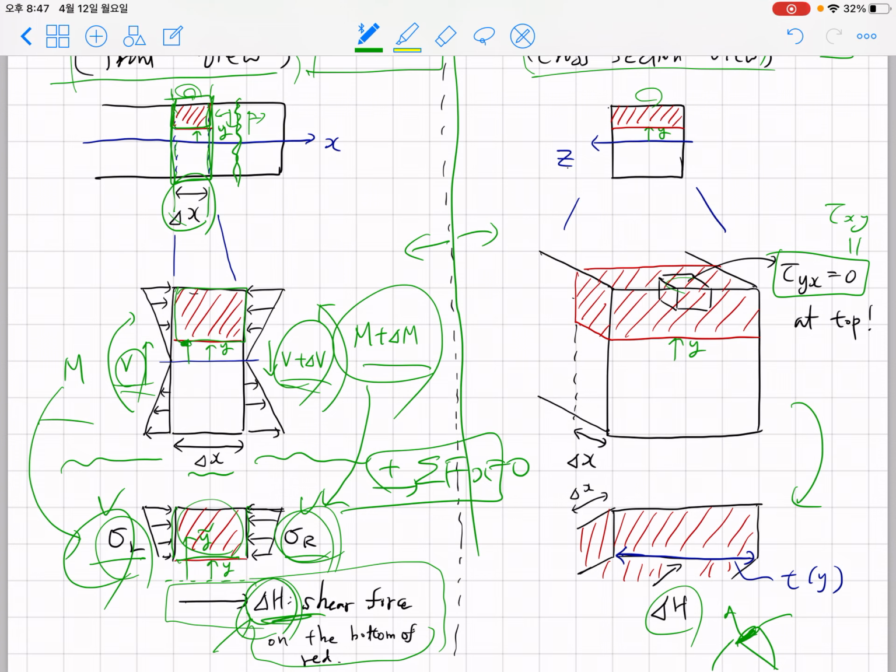This shear force has different values at different y, because as you change the size of your red block, you're going to have different distributions of sigma L stress and sigma R stress. So you can imagine that delta H would be a function of y.